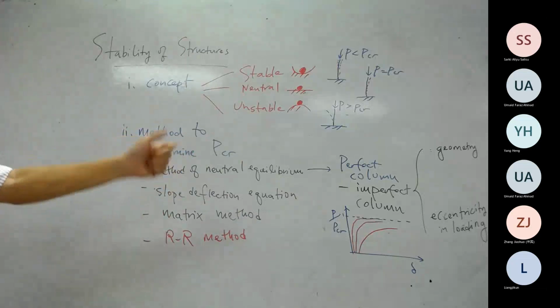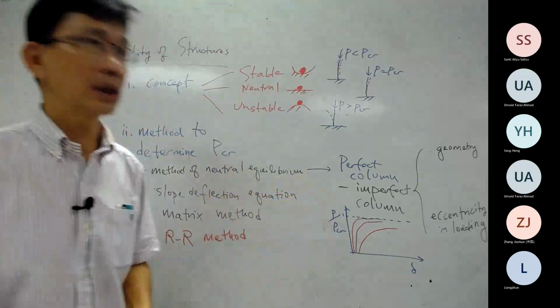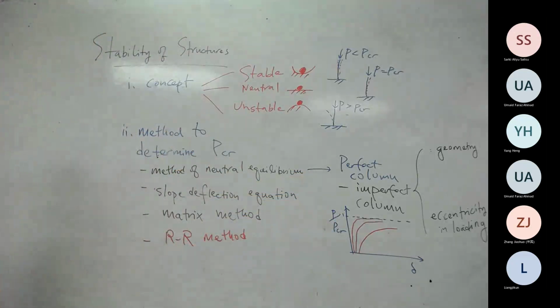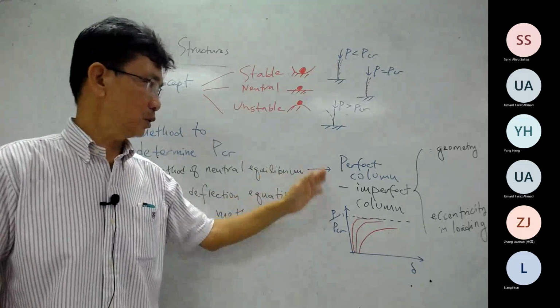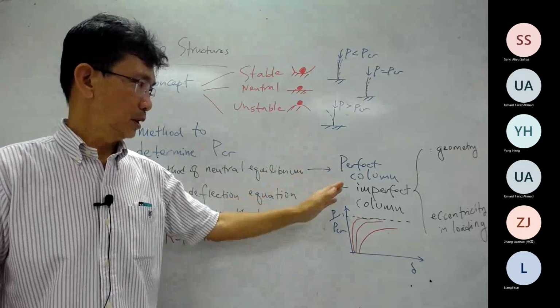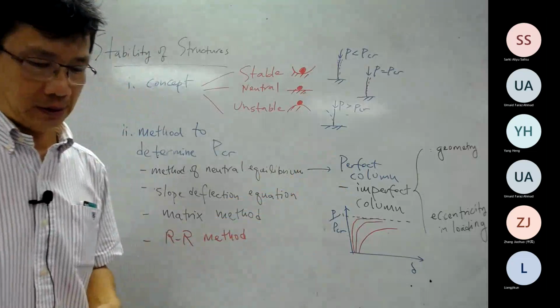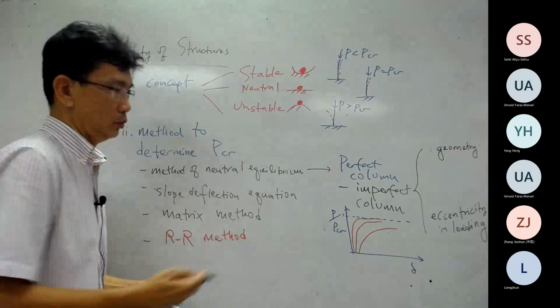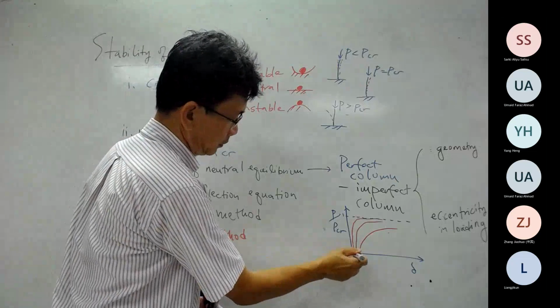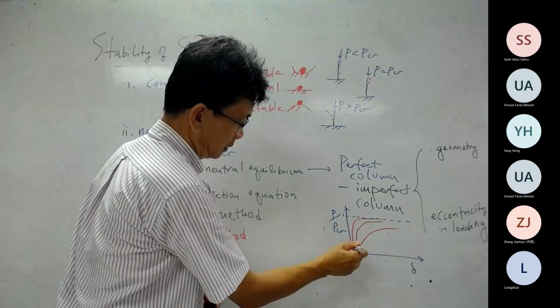So we touch also on perfect column and imperfect column, which is to know what is the difference. You must know the difference between the behavior of a perfect column and an imperfect column. So for a perfect column, if you want to plot the behavior, it will be here.